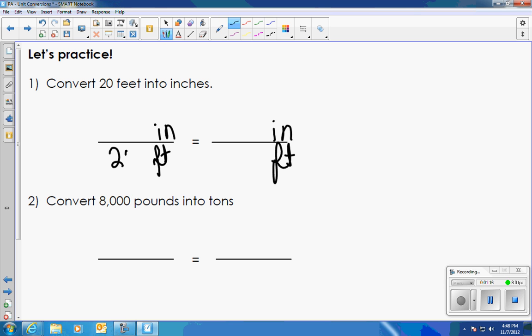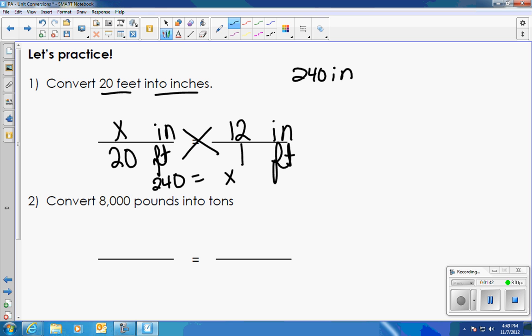So we have 20 feet, and we want to know how many inches that is. You would look at your STAR reference chart, and there's 12 inches in 1 foot. That's our unit ratio. We then use that concept of cross multiplying and dividing to come up with there are 240 inches in 20 feet.